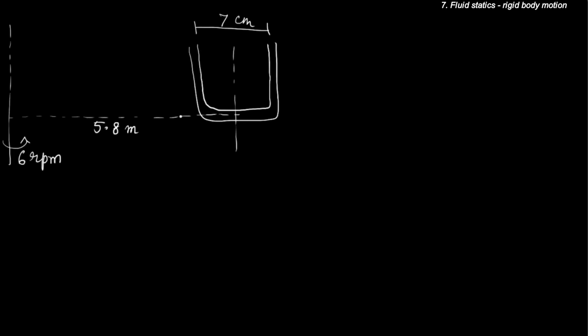Naturally, because of the rotation, there will be fluid which will go up in this particular limb as compared to the left limb. So we want to know what is the change in this particular height. Let's call it h. So this is what we have to determine.